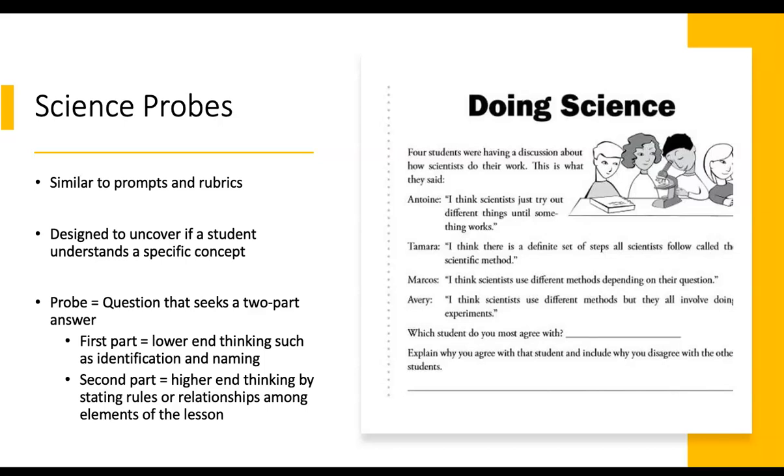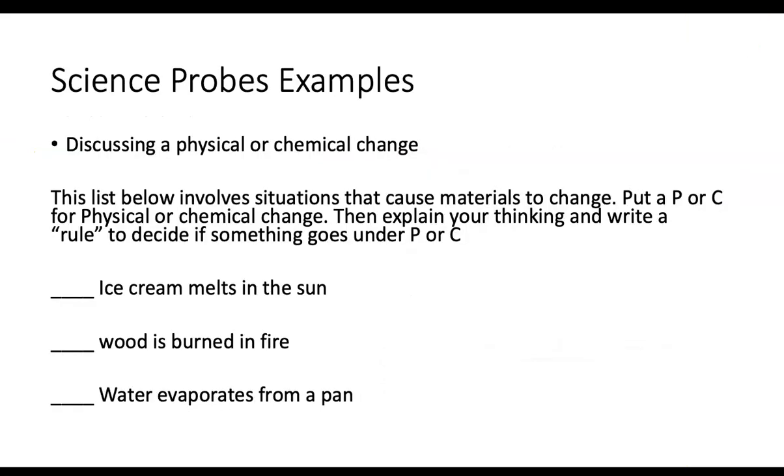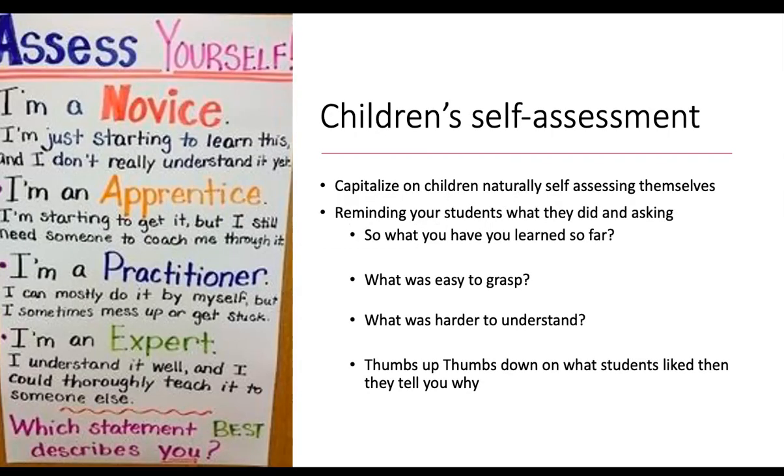So think low-level Blooms, understanding, defining. And then the second part is going to be higher end thinking by stating rules or relationships among elements of the lesson. So that would be a higher level of Blooms, like evaluating or analyzing some information. So again, like I said, I will go over science probes next week.